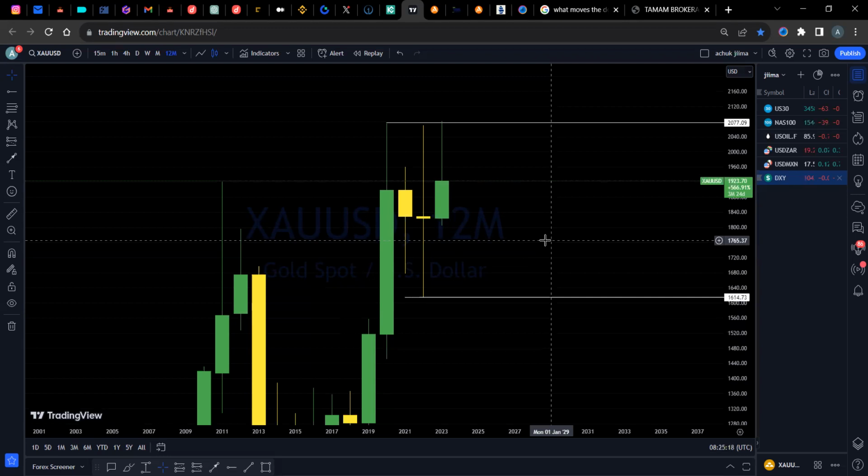Bitcoin, from the time of inception, went as high as 68,000. So that's a lot.